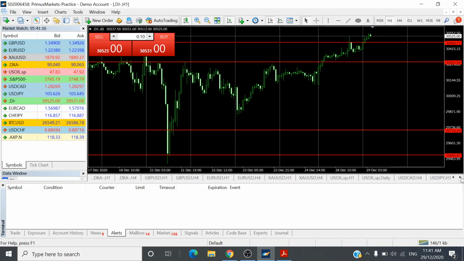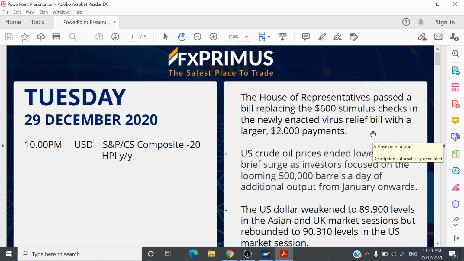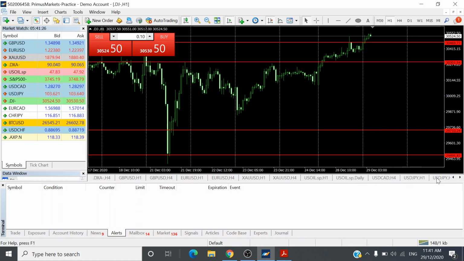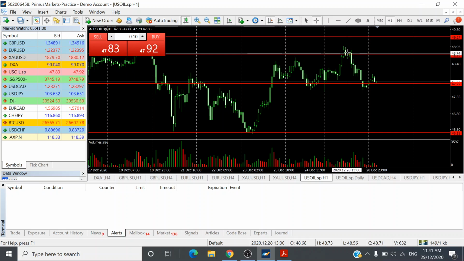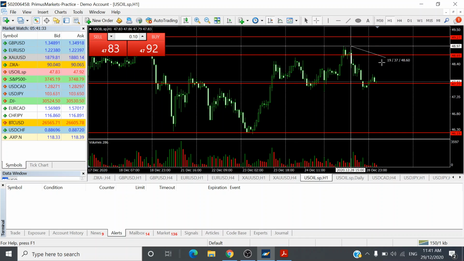Okay. So pretty good for the equity markets as the House of Representatives or the US Congress approved the $900 billion pandemic relief aid. And finally looking at the oil prices. Oil prices pushed back yesterday after touching a high of $48.97.